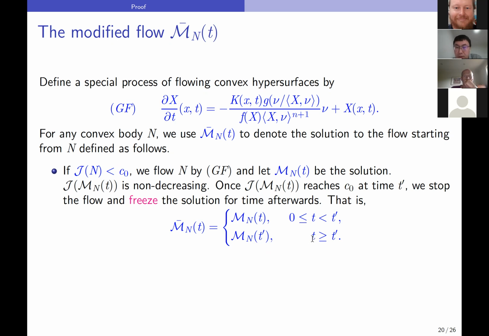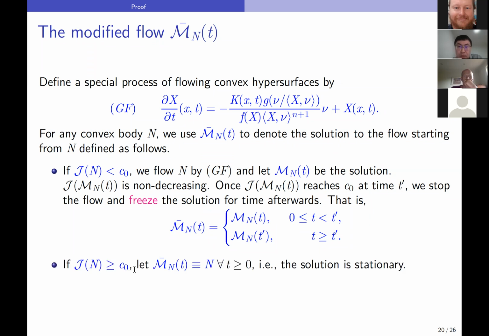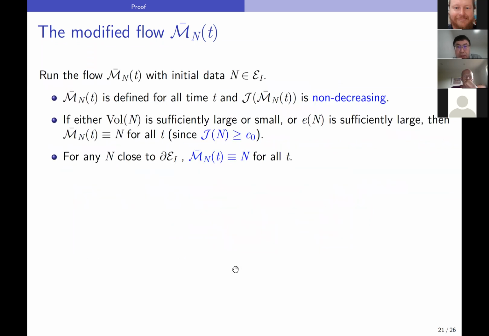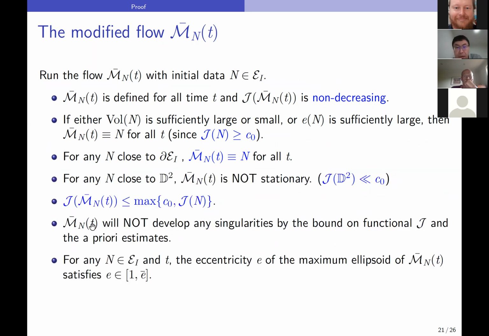For all time t greater than or equal to t prime, it is just given by M_N of t prime. If the initial functional is greater than or equal to C0, then it is stationary. This is our modified flow. It is a continuous flow, but not smooth, because we take this special action. One important thing is that our modified flow will not develop any singularities, just because we have the bound on the functional.